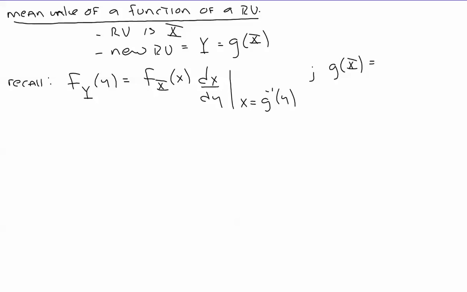We'll assume that g of x is always monotonically increasing, or always non-decreasing. Always non-decreasing. This is another way of saying that it's monotonically increasing.